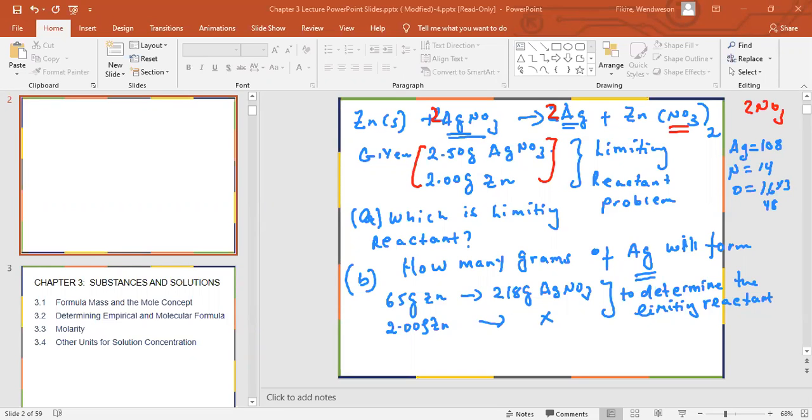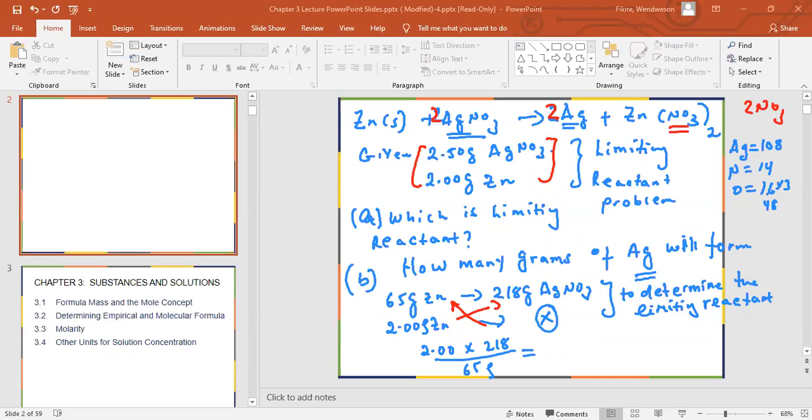Okay, so I have to make a calculation here. 2.00 times 218 over 65. That gives me the amount of silver nitrate, which is X, that would correspond with 2 grams of zinc.